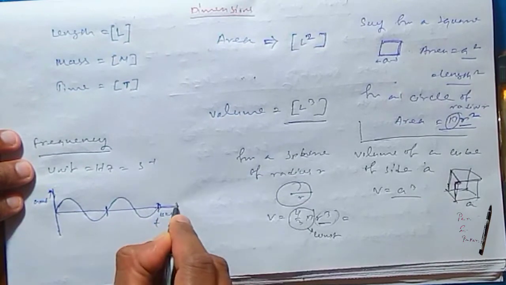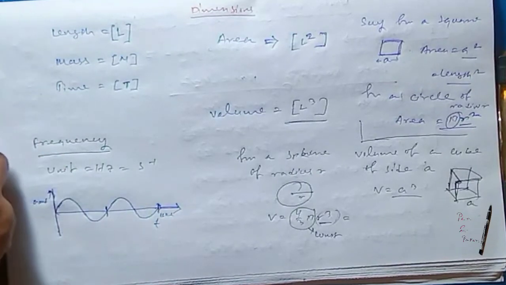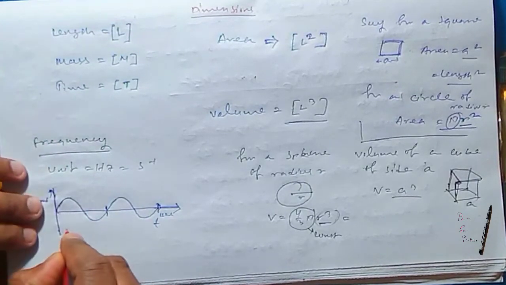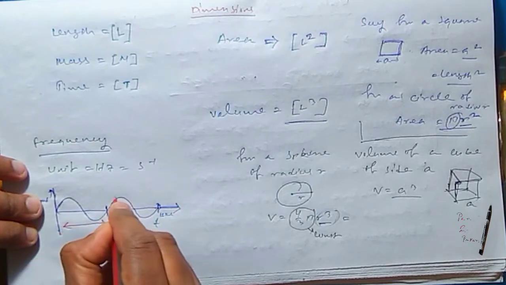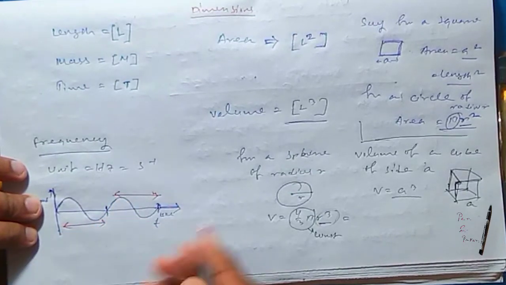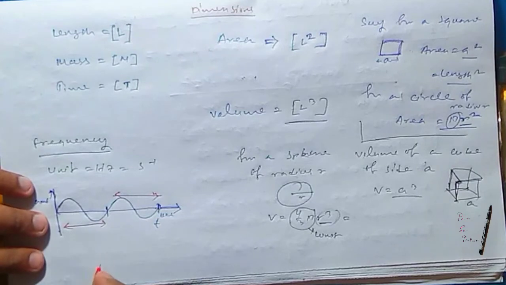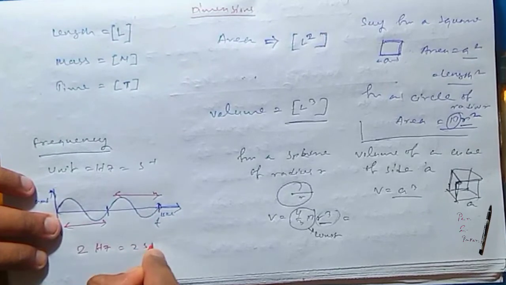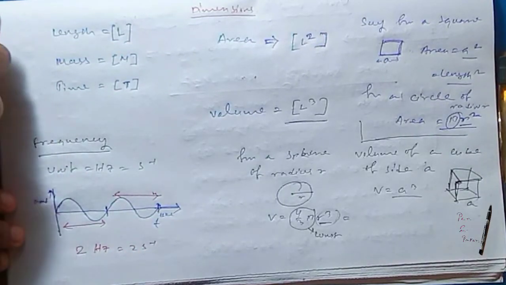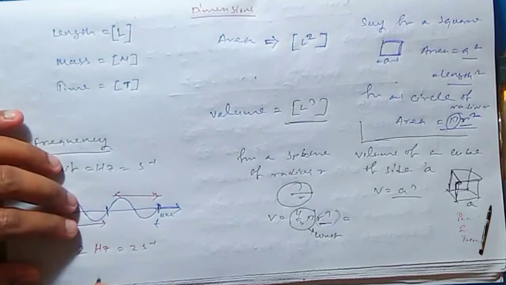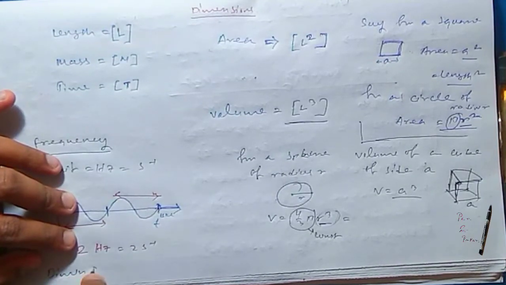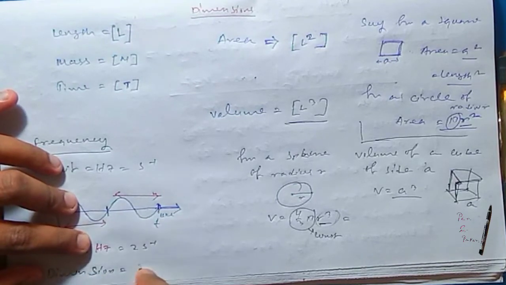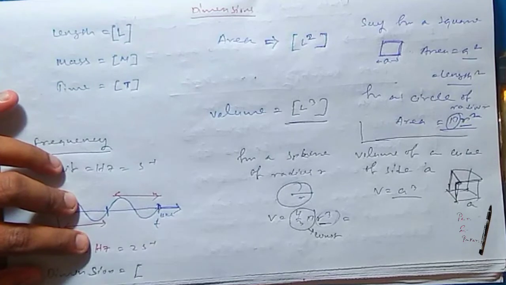The number of complete waves here is 1 and another one, that is 2. So frequency will be 2 hertz, 2 second inverse. Now the dimension of frequency is T inverse, time inverse.